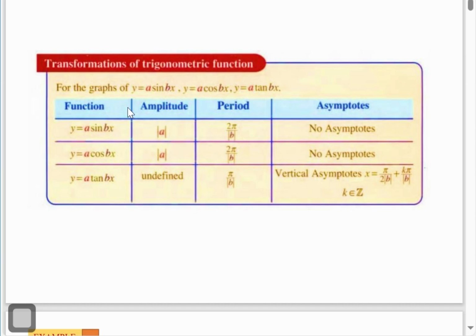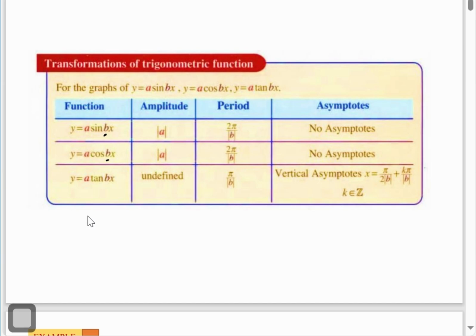For period, we have a rule. How can we determine the period of this function? It is 2 pi over b, where b is this number here. For cosine and sine, it is the same.